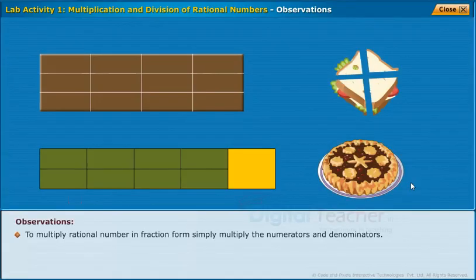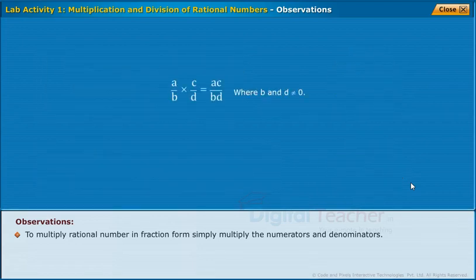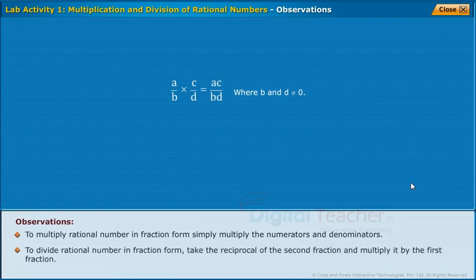From the above activity, we observe that to multiply rational numbers in fraction form, simply multiply the numerators and denominators, that is a by b into c by d is equal to ac by bd, where b and d are not equal to 0. To divide rational numbers in fraction form, take the reciprocal of the second fraction and multiply it by the first fraction.